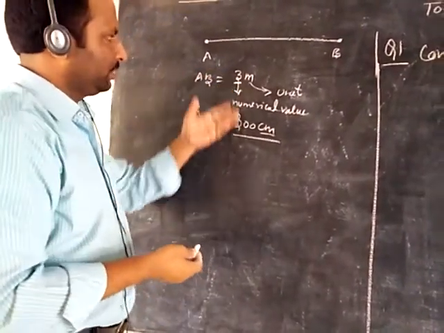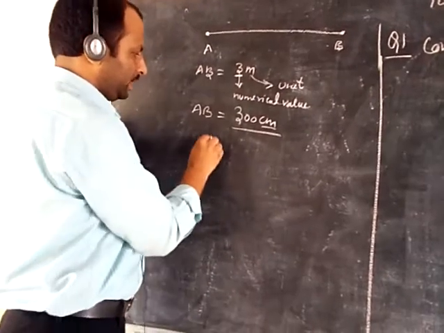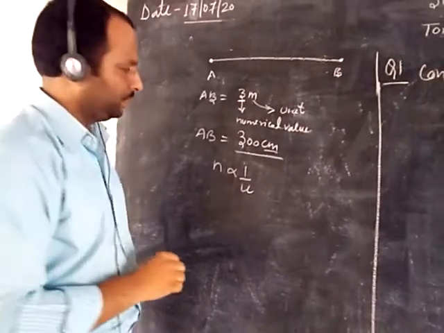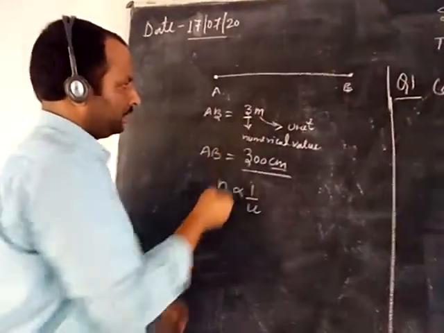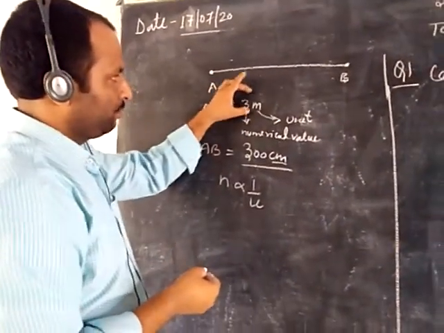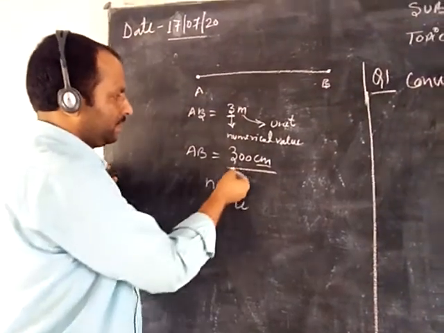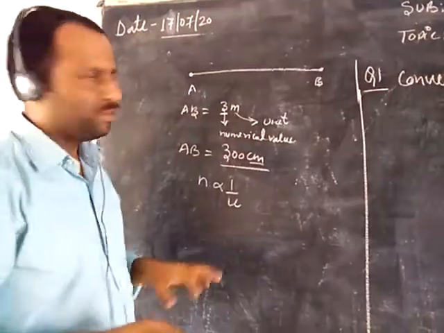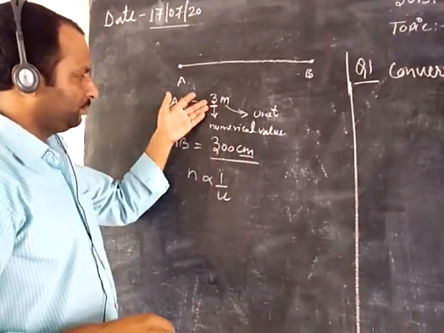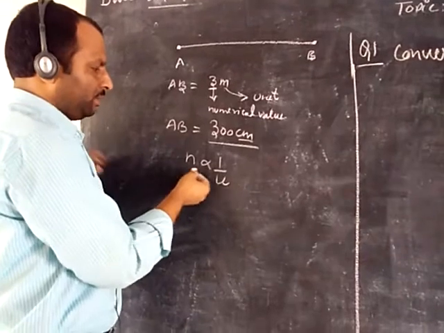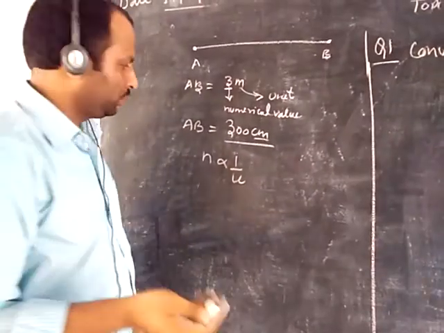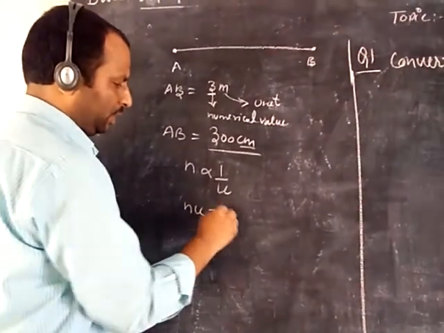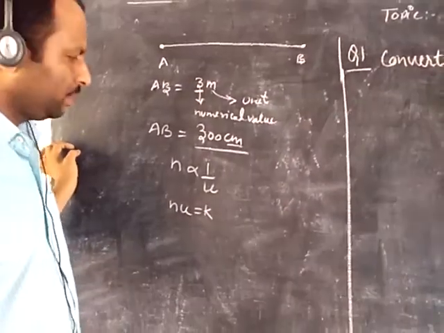So we have concluded that numerical value is inversely proportional to unit, or we can say that the product of numerical value and unit is constant.